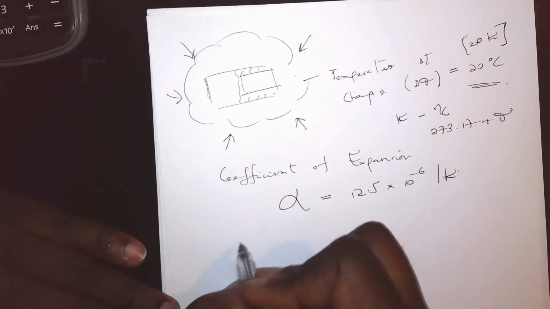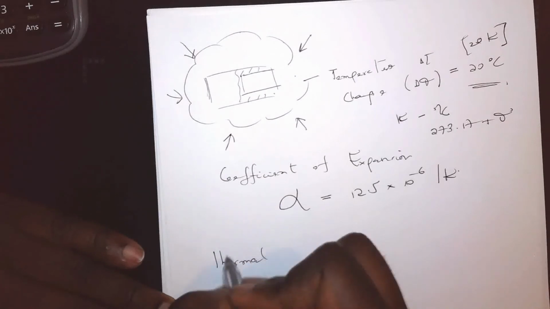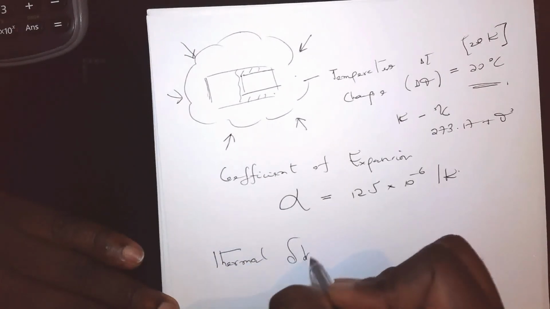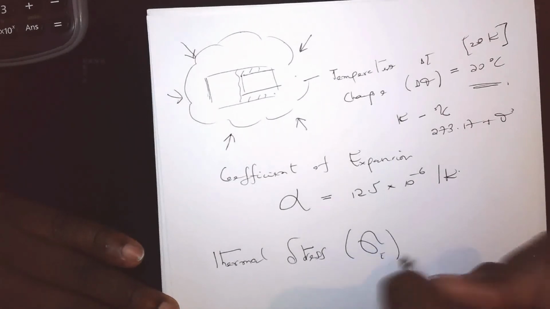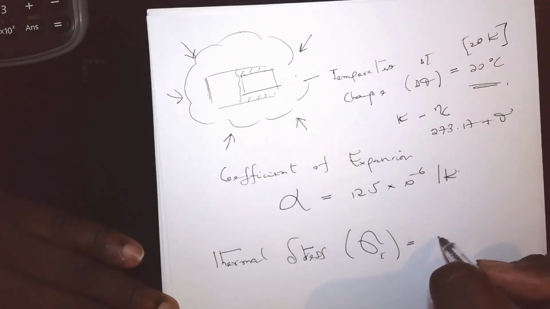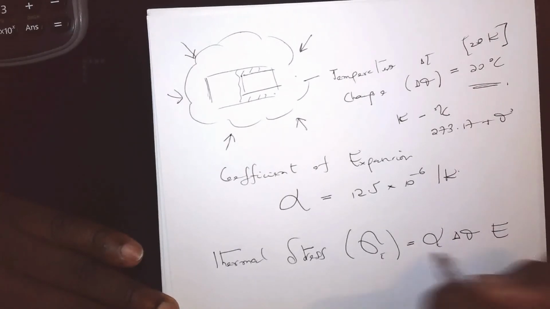Right. So to calculate the thermal stress, let's call that sigma T. That'll be equal to the product of alpha, the temperature change, and the Young's modulus.